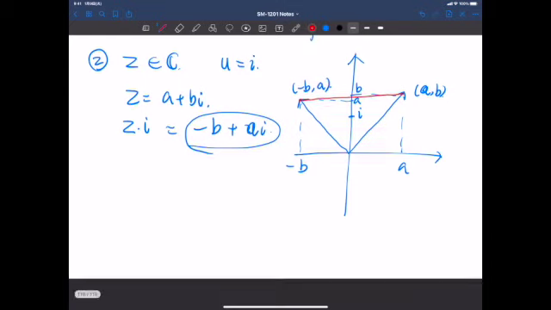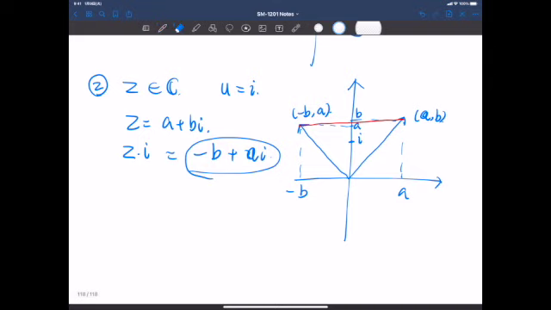The difference between these two points is a minus minus b, squared, plus b minus a, squared.